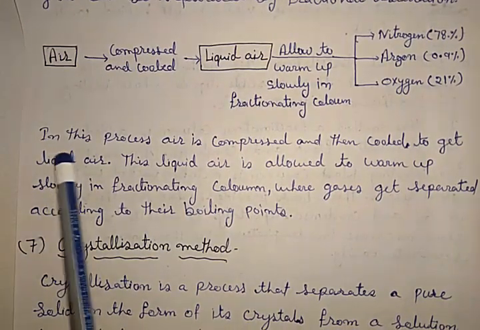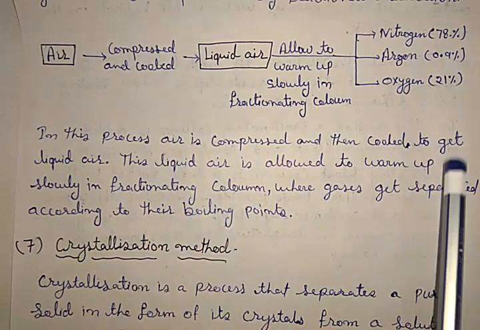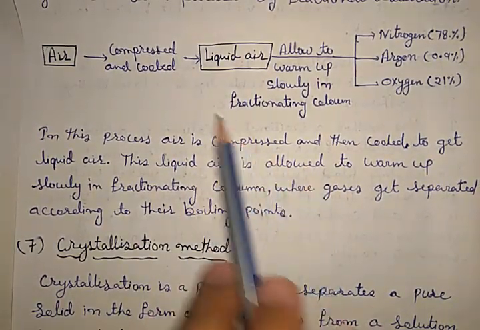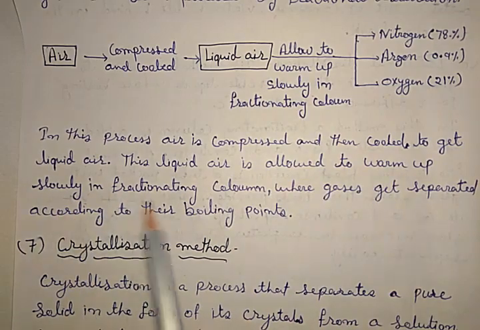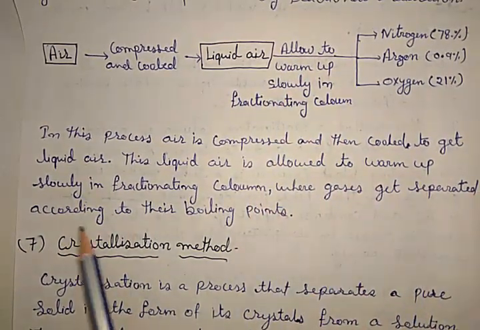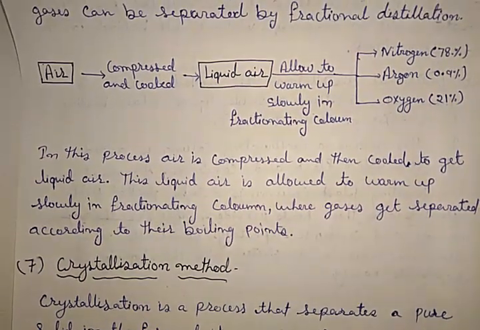Clear? Now let me discuss its theory. In this process air is compressed and then cooled to get liquid form. This liquid air is allowed to warm up slowly in the fractionating column, where gases separate according to their boiling points.